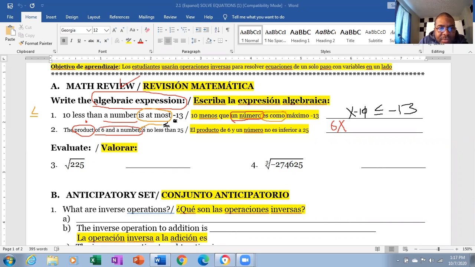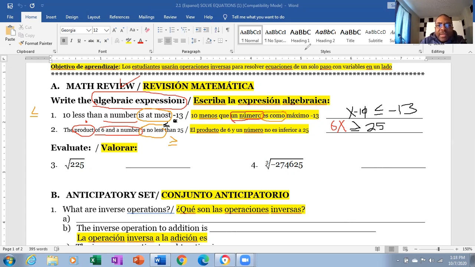Now, is no less than is going to mean greater than or equal to. So now we know is no less than. So all we're doing is translating. No less than 25. Okay, understood? Good, good, good.